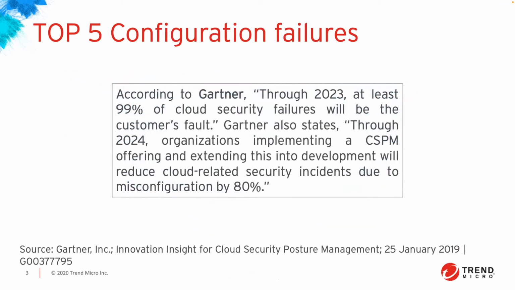So Gartner has a lot to say about misconfigurations as well. According to Gartner, through 2023, 99% of cloud security failures will be the customers' fault. And this sounds a little bit harsh, but what they actually mean is that we're all humans, so we're going to make mistakes.